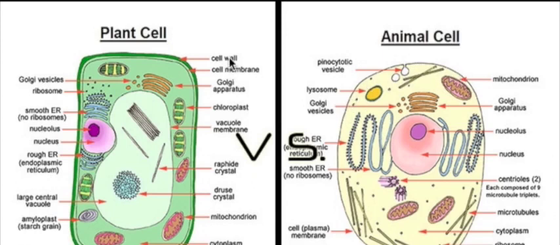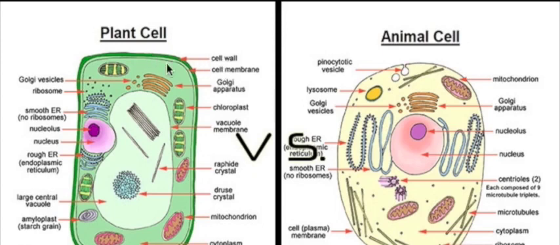The cell wall, as an external feature of the plant cell, is made of cellulose, and it is responsible for giving the structure of a plant cell, which looks more or less rectangular as compared to the animal cell, which we may say does not have a particular shape. So there is a cell wall, and there is no cell wall in the animal cell.